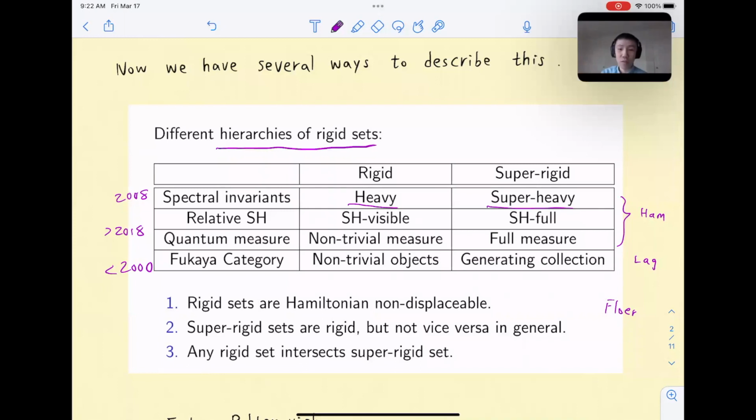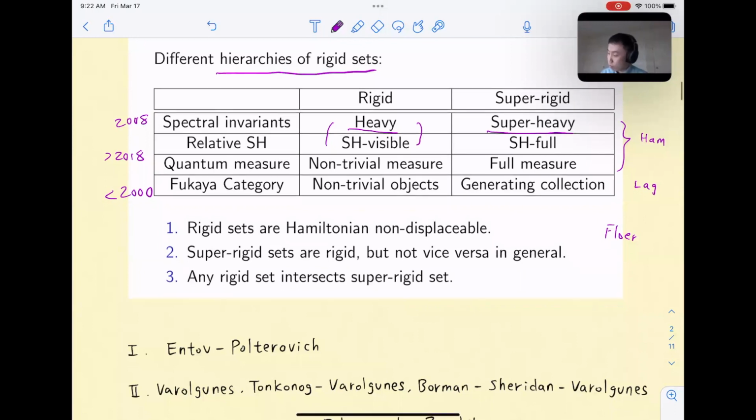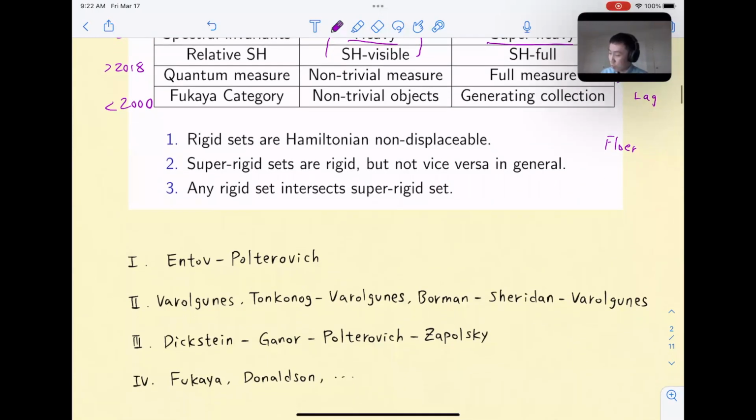They share some common features, so it's natural to ask for a comparison between them. Today our main task is to compare those two notions. These are the names of those who invented those four languages. Some of them I will define precisely later.